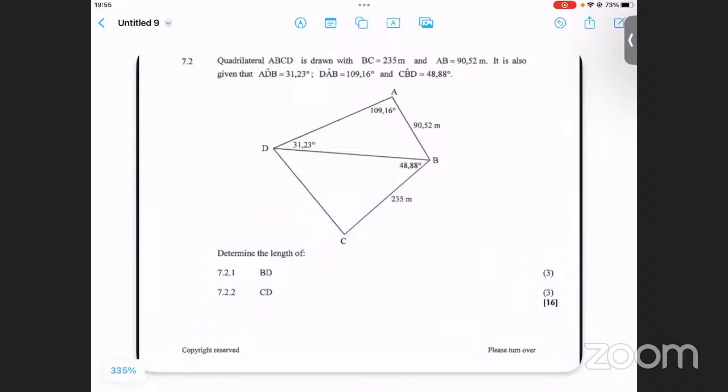Then, if you could get those correct, I will be confident to say we can now move on to a different topic, with an assumption that you do have a better understanding of the sine and the cosine rules, because it is not that much of a complicated topic.